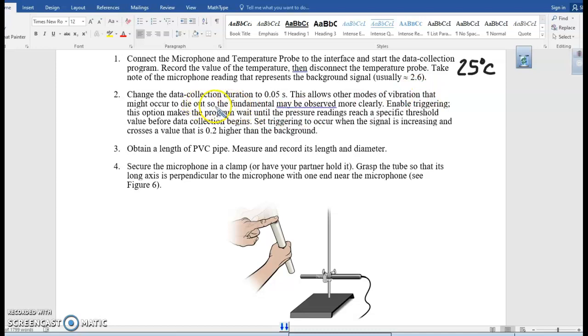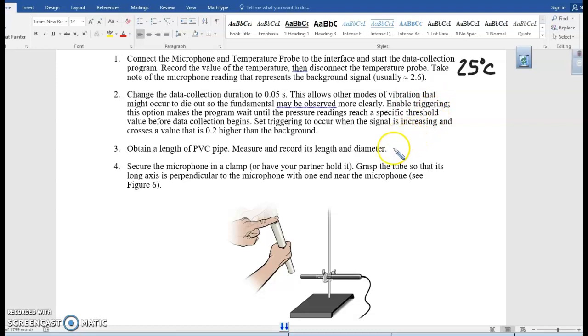All right, so we also need to connect a microphone down here, and we need to smack the PVC piping with one finger, and it's going to be open on both ends. So the first data that we're going to collect is open on both ends.